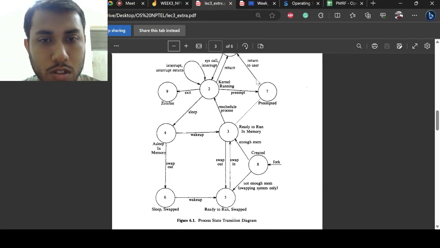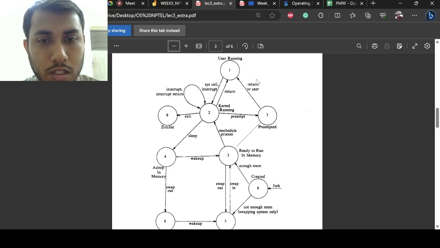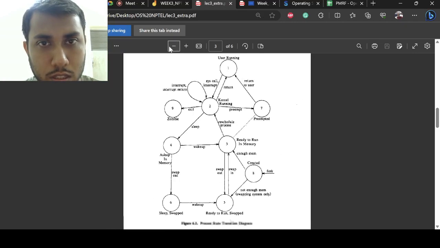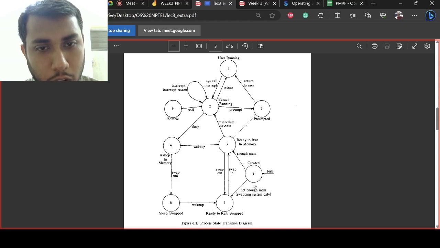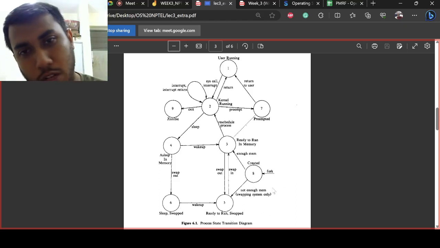So if I come back to this, to go from here to here, this is your long-term scheduling: whether I have to go to the main memory or to the secondary memory, that is long-term scheduling.